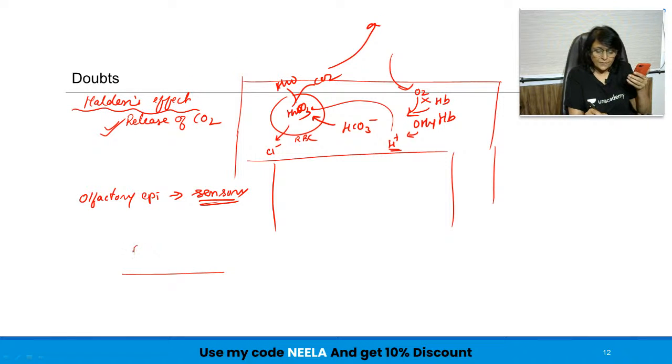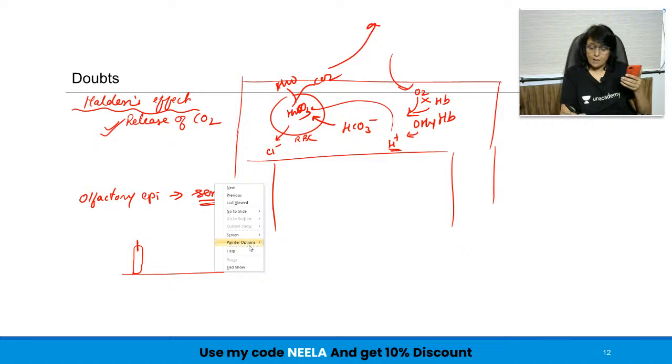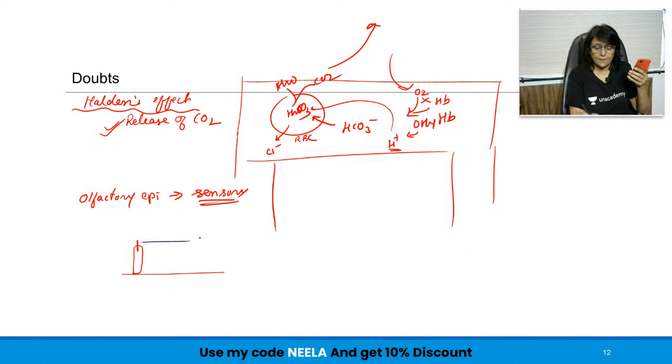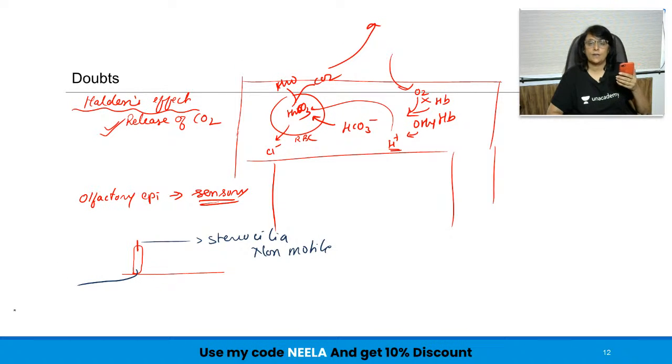So suppose this is a cell, and the upper free end has to have something which is going to receive it, and that is the stereocilia. Stereocilia are non-motile, and when they get stimulated, a nerve impulse gets generated.